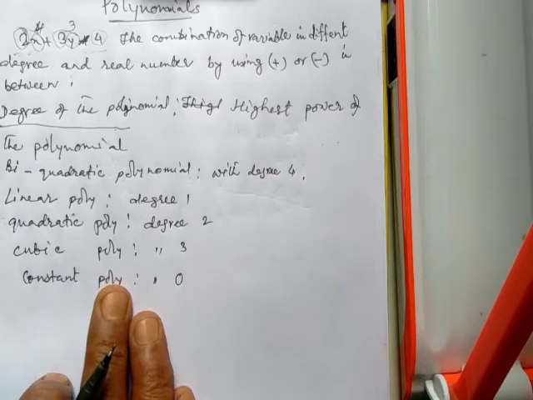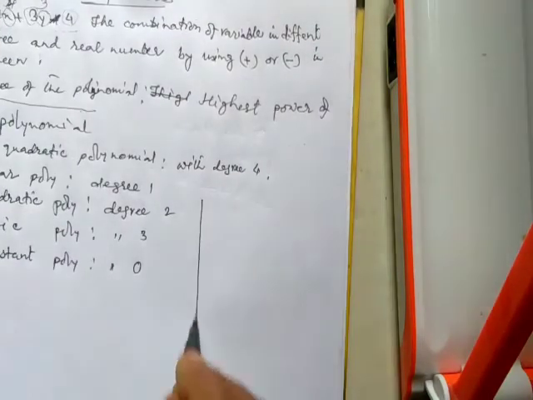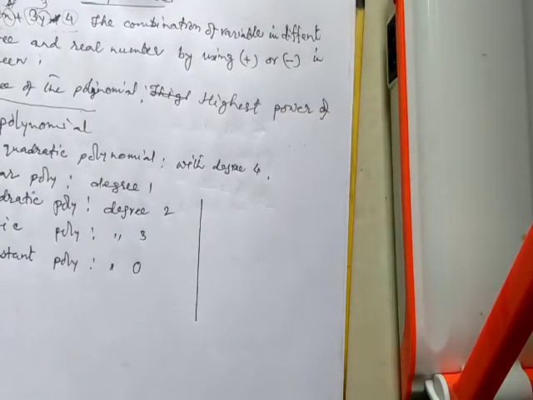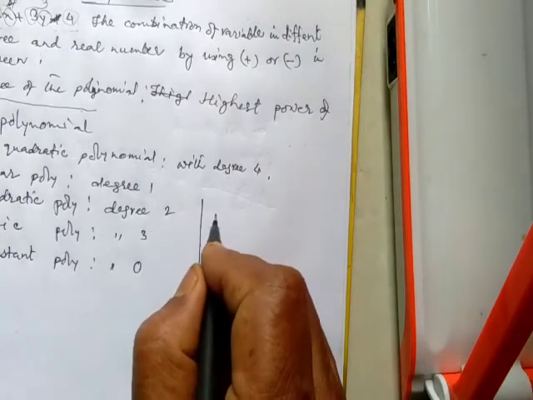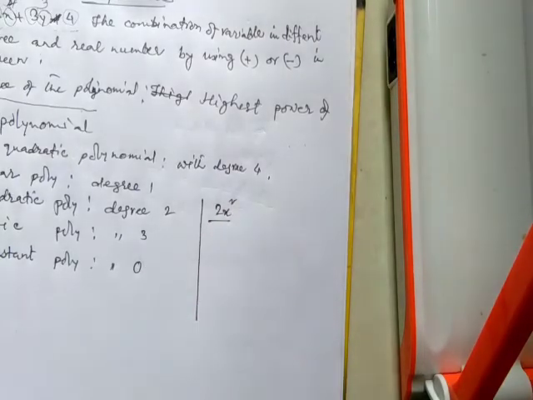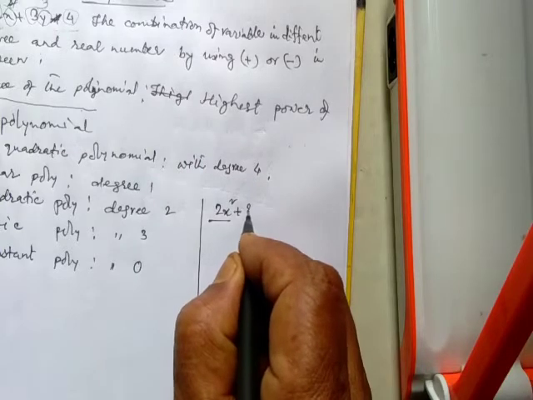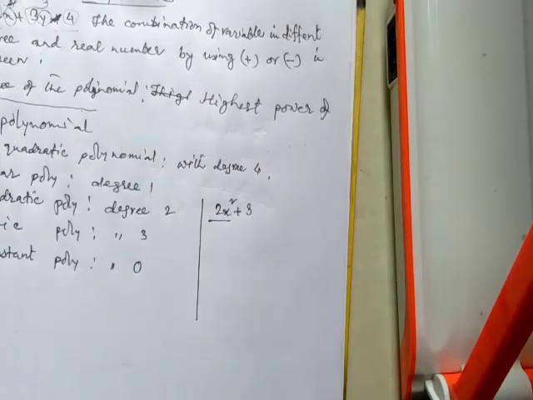Again, with respect to the number of terms, further one division is there. See, only one term, 2x square, suppose this is a monomial, only one term. If I add 3 here, then it becomes a binomial.